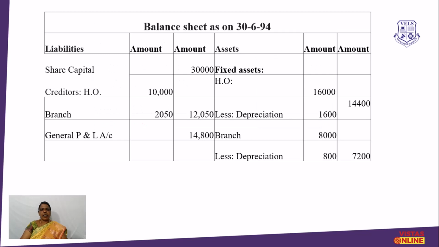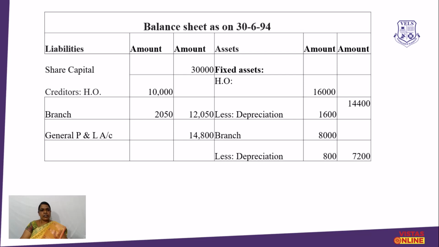Then we'll move to the balance sheet. Balance sheet as on 31/03/94. On the debit side you put 3 columns, and the credit side also 3 columns. That is, on the debit side, liabilities and amount column; credit side, assets and amount column. First, share capital 30,000.